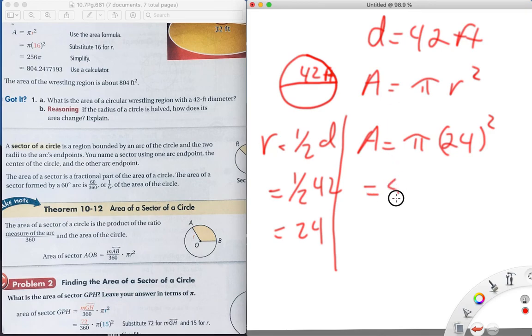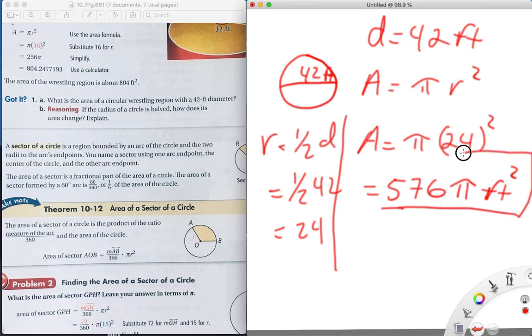If they specifically ask you for your answer to be in terms of pi, then your answer is going to be 576 pi. Since this is the area, your units are going to be squared, feet squared. If they ask you to round your answer to the nearest tenth, then your answer is going to be 1,809.6 feet squared.